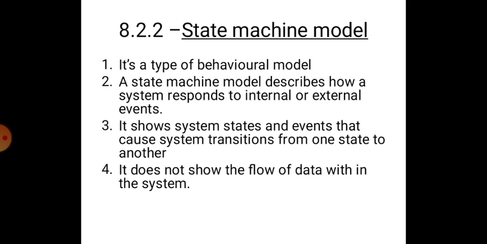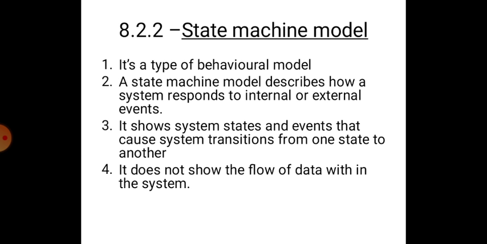Point number 2. A state machine model describes how a system responds to internal or external events. Students, we have studied earlier that data flow model states how the data is processed, whereas state machine model describes how the system responds to the internal or external event.